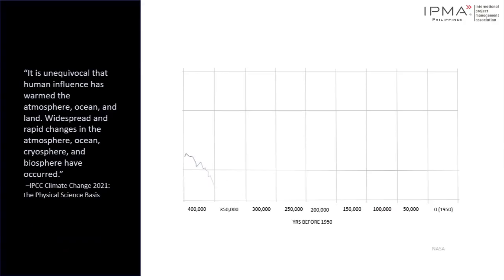According to the IPCC, or the Intergovernmental Panel on Climate Change, it is unequivocal that human influence has warmed the atmosphere, ocean, and the land, and widespread rapid changes in the atmosphere, ocean, cryosphere, and biosphere have occurred.